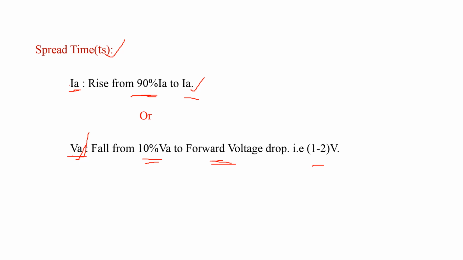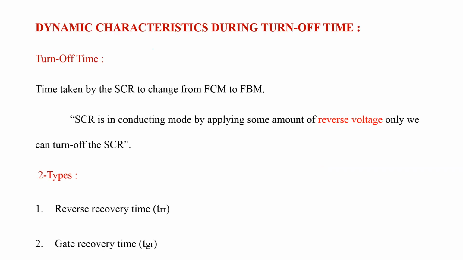Now we are going to discuss the dynamic characteristics during the turn off period of SCR. Here the turn off period is defined as the time taken by the SCR to change from forward conducting mode to forward blocking mode.